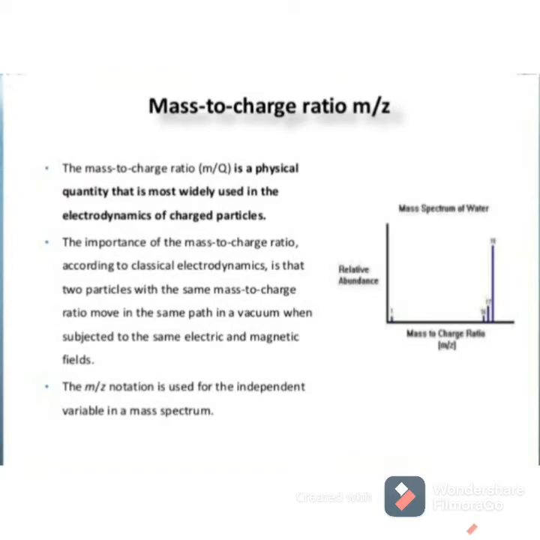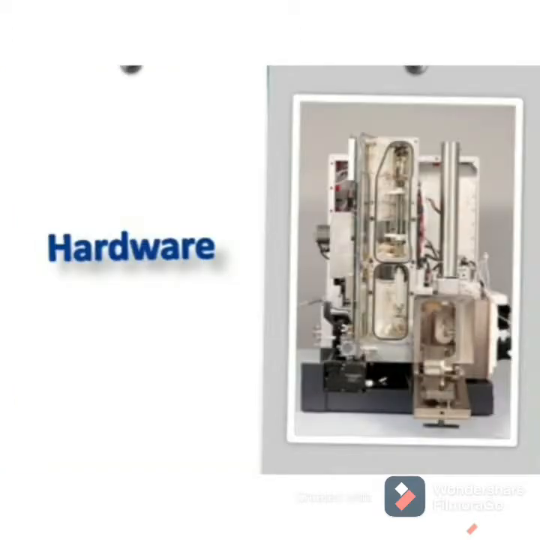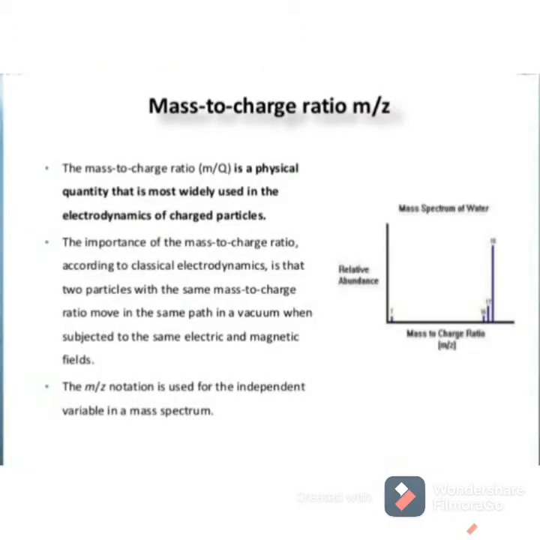The importance of the mass to charge ratio, according to classical electrodynamics, is that two particles with the same mass to charge ratio move in the same path in a vacuum when subjected to the same electric and magnetic field. The m by z notation is used for the independent variable in a mass spectrum, called the mass to charge ratio.